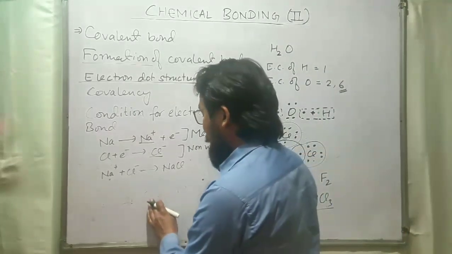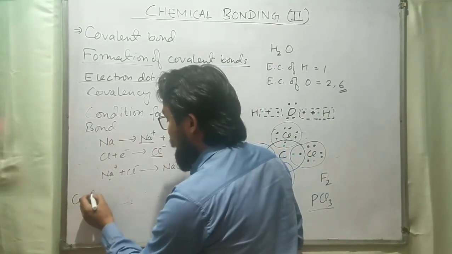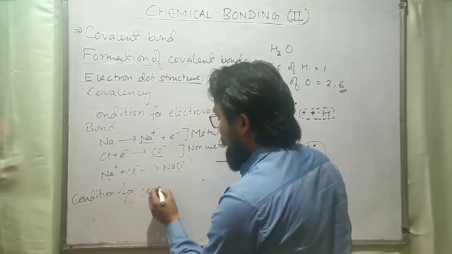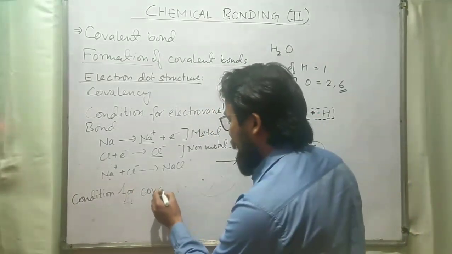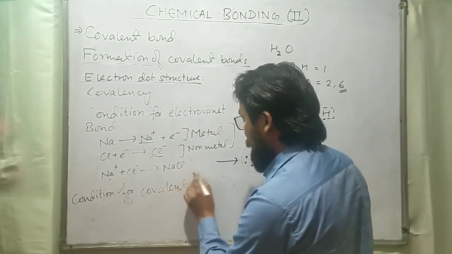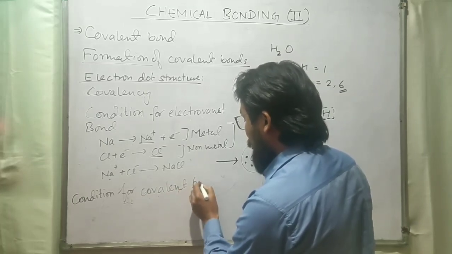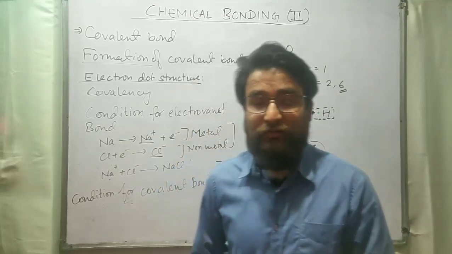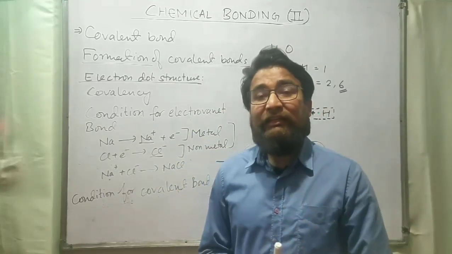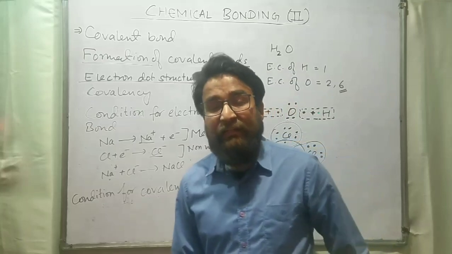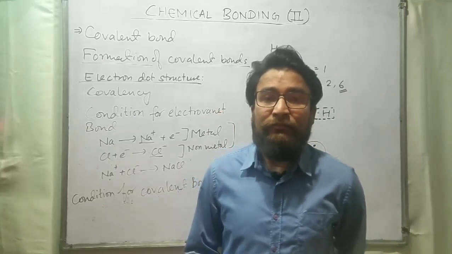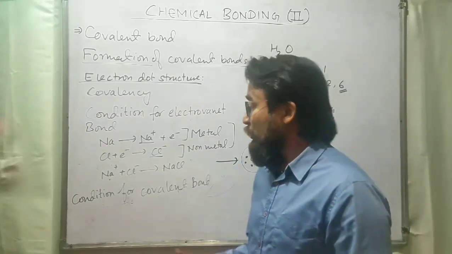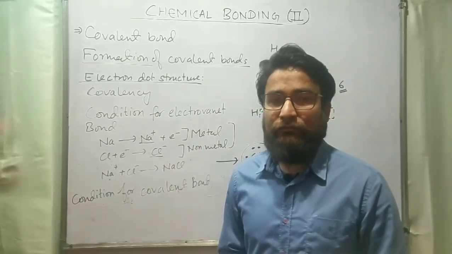Then the next is the condition for a covalent bond. Under what circumstances is a covalent bond formed? As you know, a covalent bond is formed by sharing of electrons. So it means that neither of the atoms wants to lose an electron.